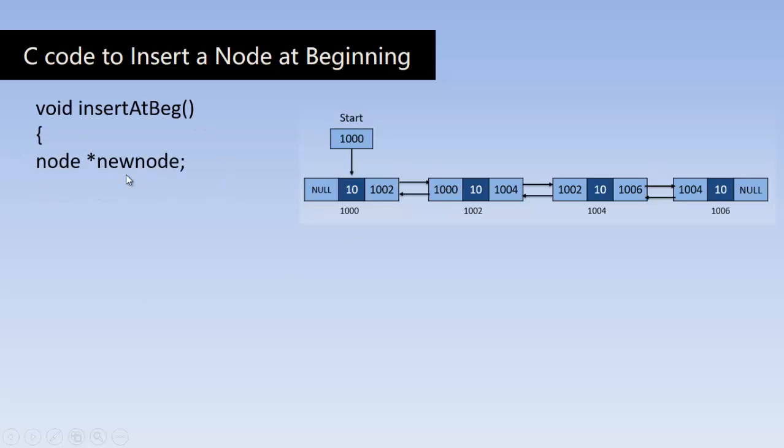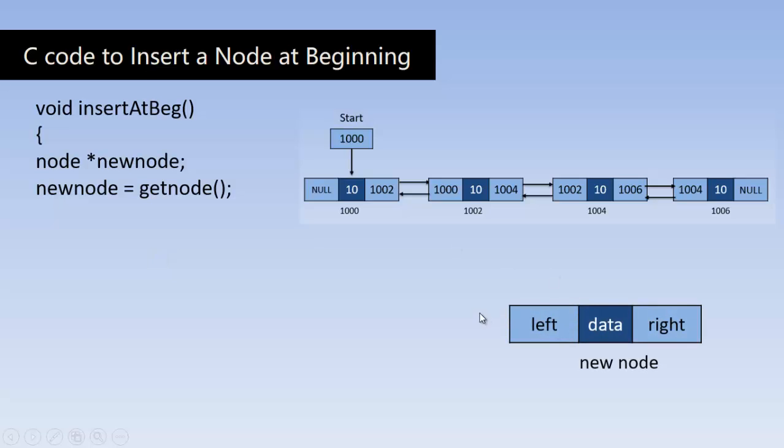First I'll create a temporary variable called new node, and I'll use that to store the newly created node's address. I'll use the getNode function, which creates and returns the new node for me. So the address of this is now stored in new node. So this has been created.